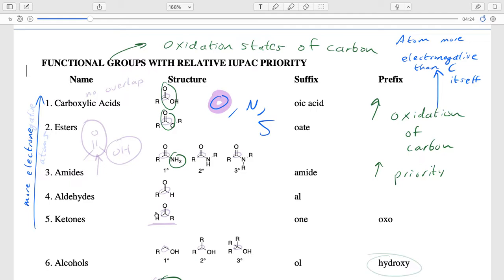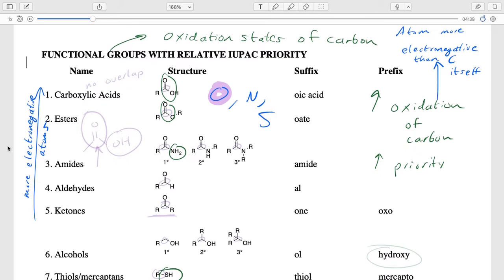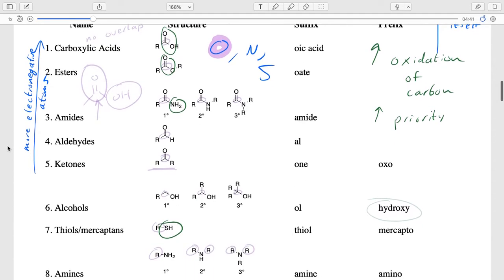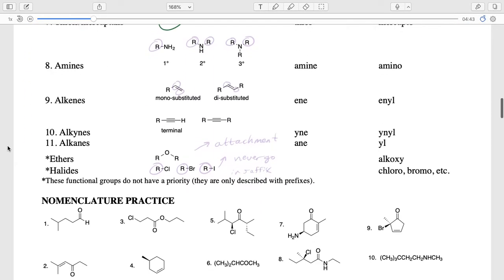So what does that mean? The more electronegative atoms you have attached to a carbon, the higher the priority it will receive. Most oxidized and more electronegative elements. So you see down here, we have 3 oxygens, 2 oxygens, 1 nitrogen, because 1 nitrogen is a little bit less than oxygen.